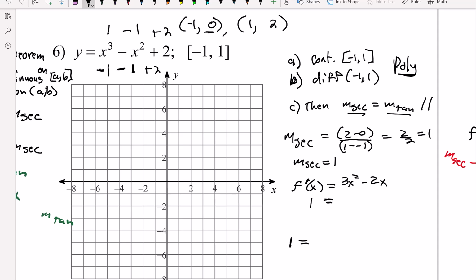Now I can pull an x out of there. That leaves 3x minus 2. So we know one of the x's equals 0. Oh, we're not done yet. Whoops, sorry. We want this left side to equal 0, so we're going to subtract 1. And now let's see what we can factor this to.